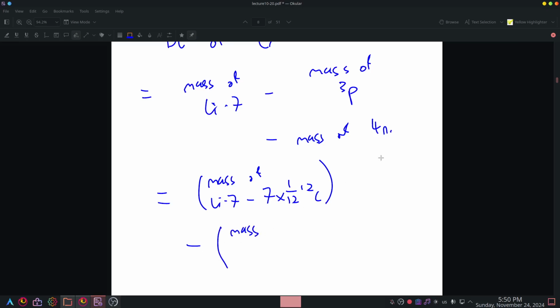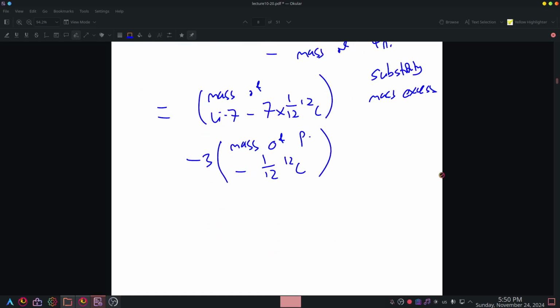So I'm substituting mass excess. Then 3 times the mass of proton minus 1 times 1/12 the mass of carbon-12. And then the last one is 4 times the mass of neutron minus 1/12 the mass of carbon-12.